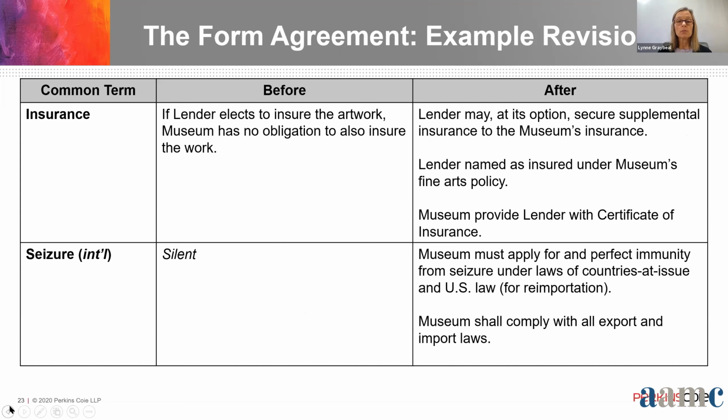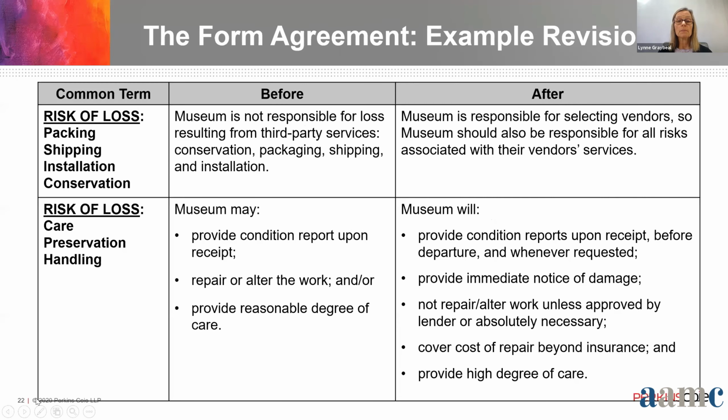The typical agreement doesn't require the museum to provide condition reports, and it tends to provide a relatively low degree of care, even though the expectation is that there will be a much higher degree of care. So we often add provisions to the agreement requiring condition reports upon both receipt and departure, and any other major event, installation, deinstallation, if it's being moved between the same museum's venues.